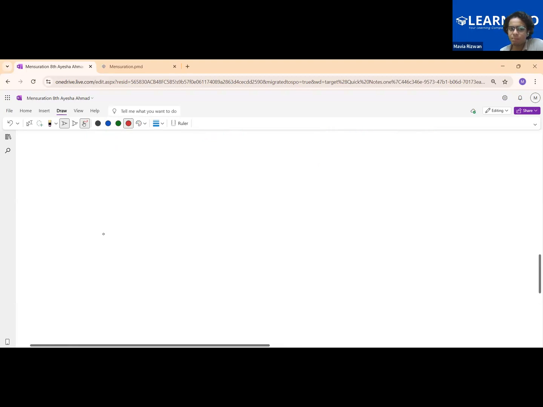I'll compare a rectangle and a cuboid, and a square and a cube, and you will know what area and surface area are. If I talk about a square, I have a square. The side is s. This is also s.